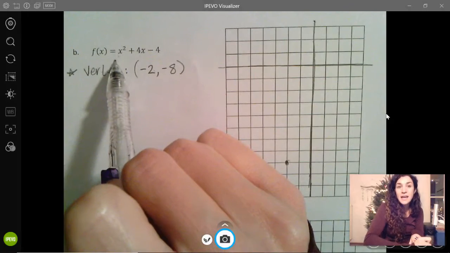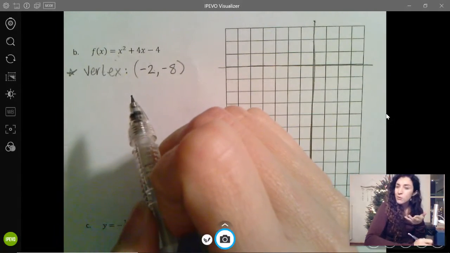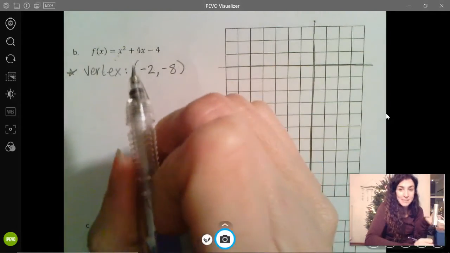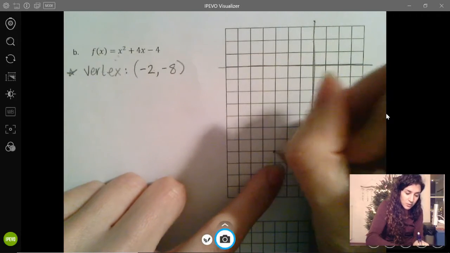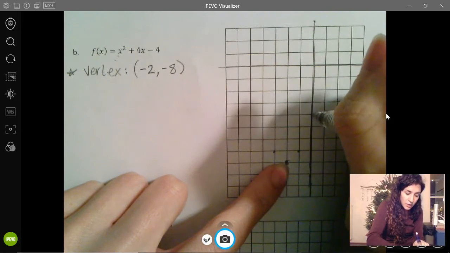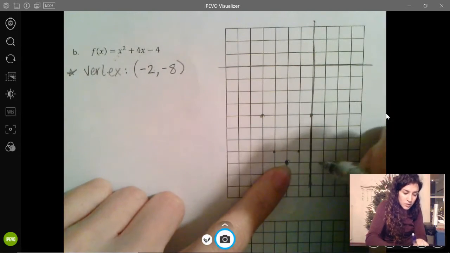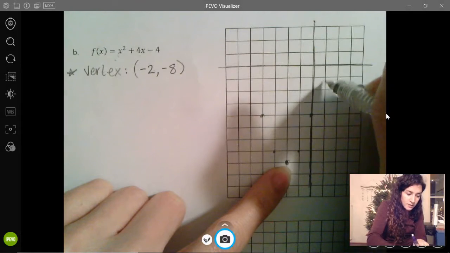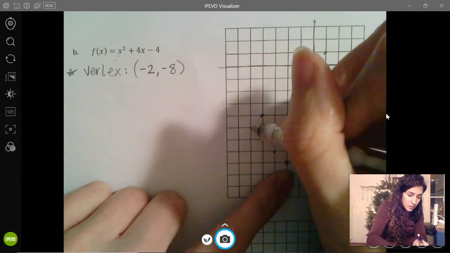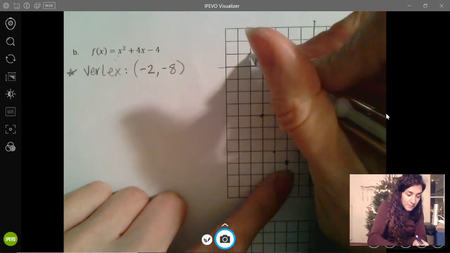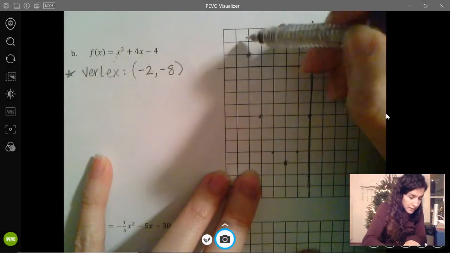And then a is 1, which means I'm just multiplying all of what would have been my vertical movements by 1, which means I'm keeping that vertical movement. So I would go 1, 1, back 1, 1, 2, 1, 2, 3, 4, back 2, 1, 2, 3, 4. I would go 1, 2, 3, 1, 2, 3, 4, 5, 6, 7, 8, 9. And this is what our graph looks like.